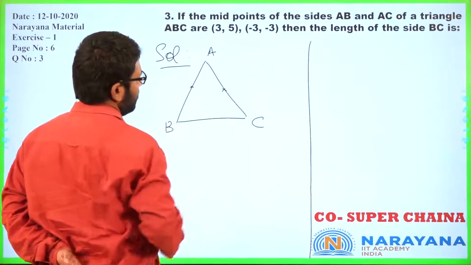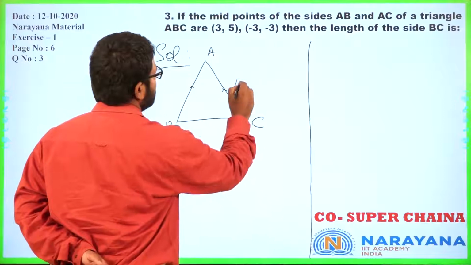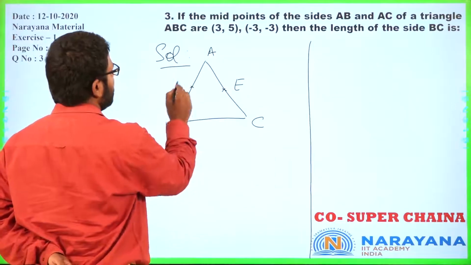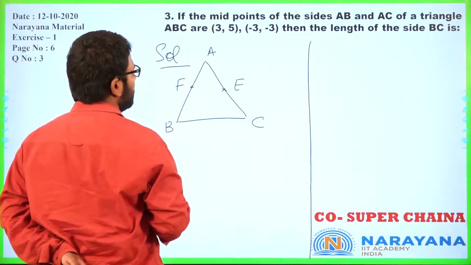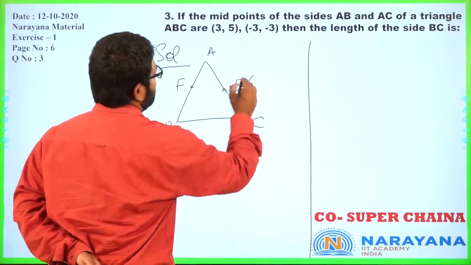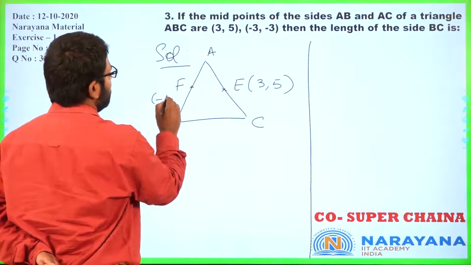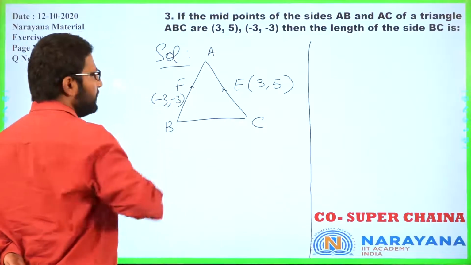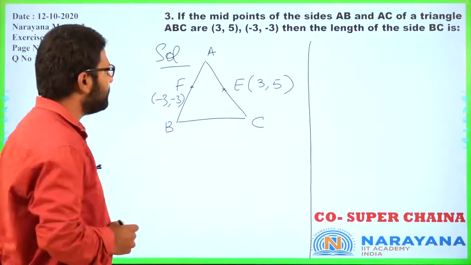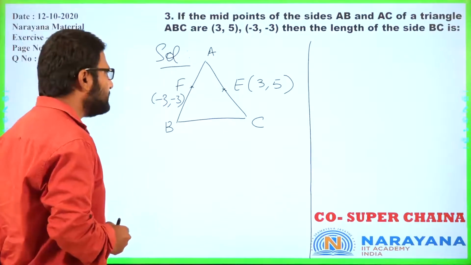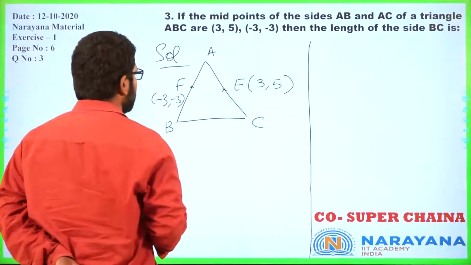So, you take midpoint of AC as E and midpoint of AB as F, then coordinates of E are (3, 5), coordinates of F are (-3, -3). Alright, we don't know the coordinates of A, B and C. The length of side BC is being asked, right?